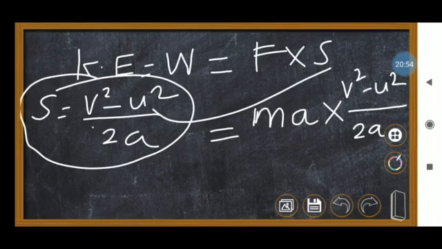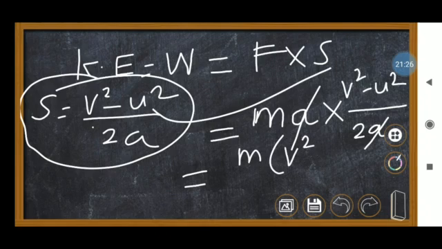Here the a and a will cancel, so what remains is m into v square minus u square divided by 2.